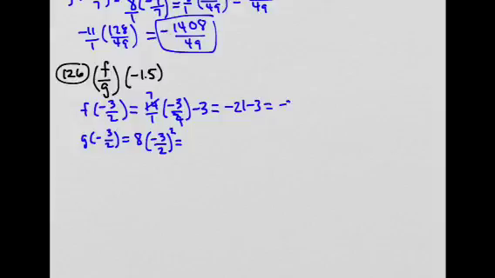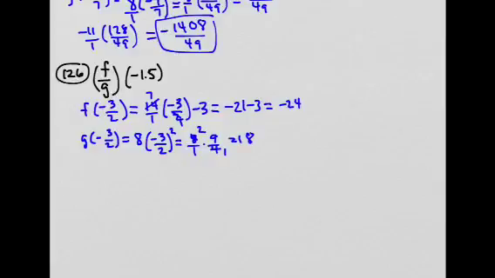So that's negative 24. And then right here it's 8 over 1 times 9 over 4, because order of operations dictates that you square the fraction first. Okay, so 4 into 4 once, 4 into 8 twice, so then I get 18.